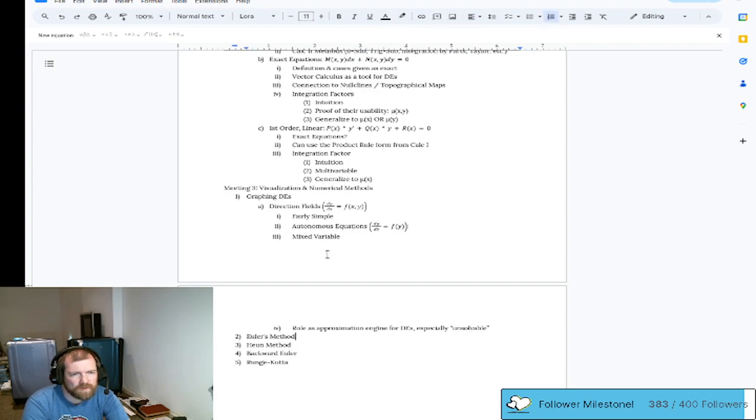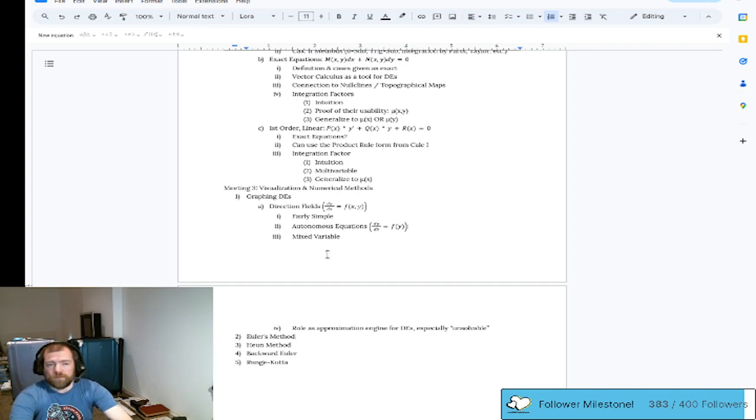Okay, so we get Euler's method. For this, we want to look at it in terms of figuring out: you get your starting point, and then you find the direction field's slope at your current location.